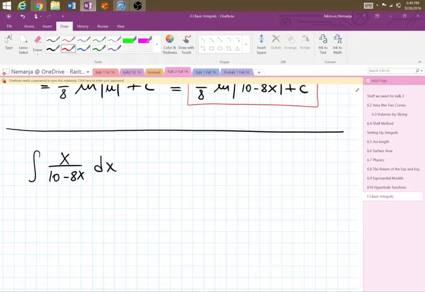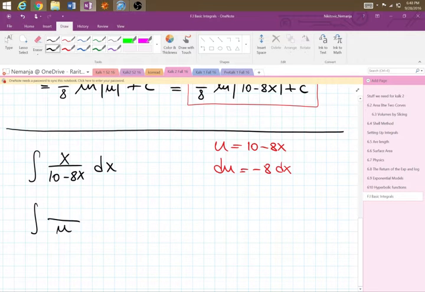So u equals 10 minus 8x, and du is equal to negative 8 dx. So now as I do substitution, I have u in the denominator, and then I have du over negative 8, right? That's the dx.